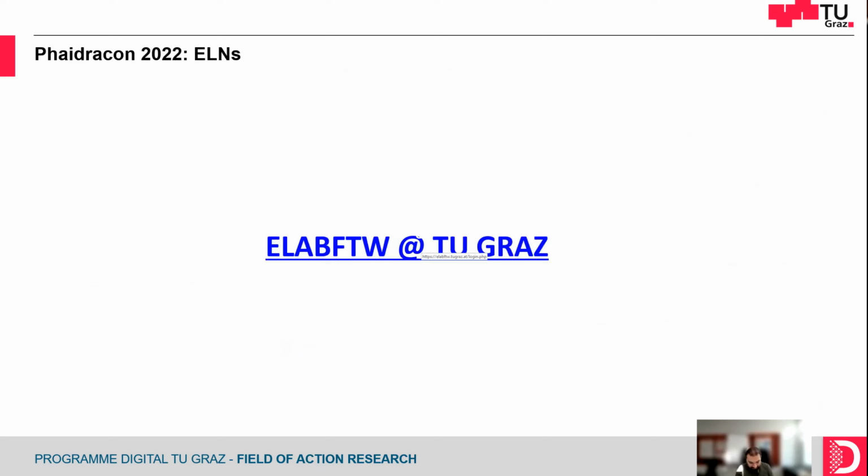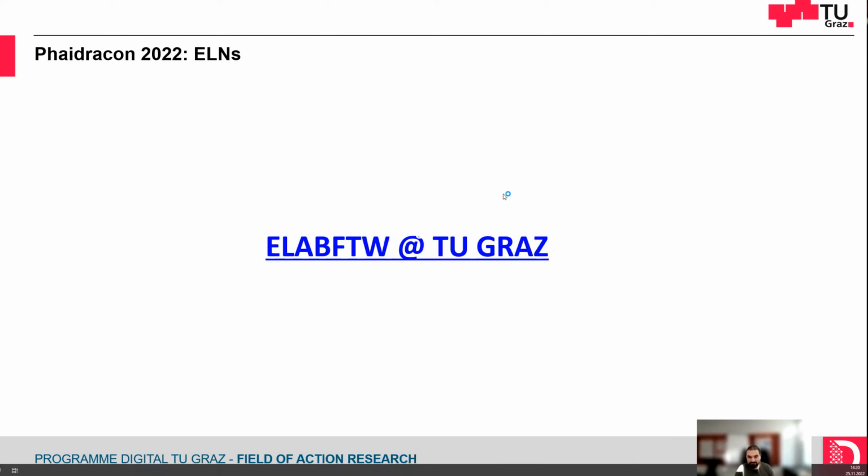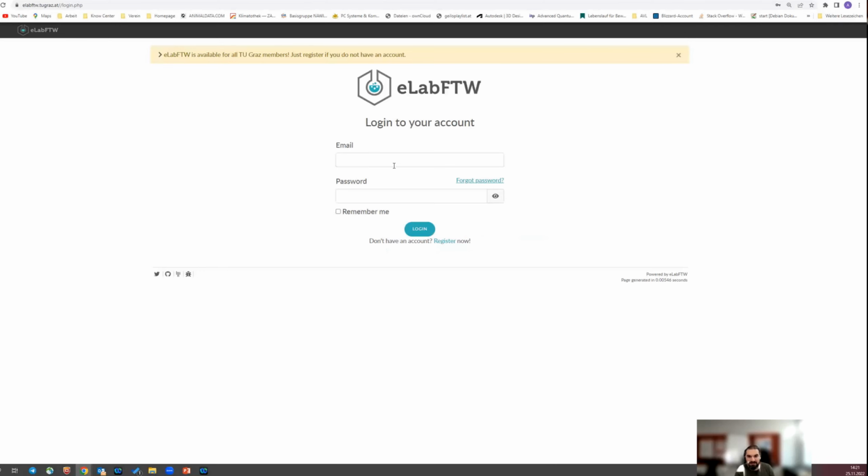It's not a real demo, but I will. I have some issues with my computer right now, so we have to wait a little bit. Sorry for that. So I guess now you should see it.